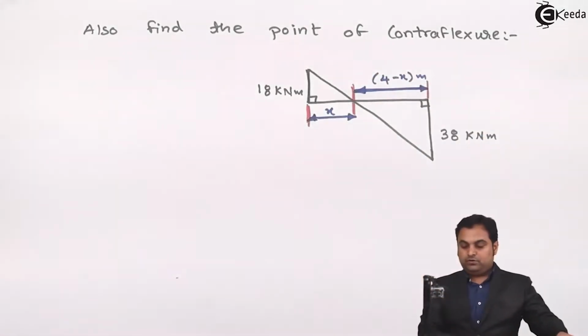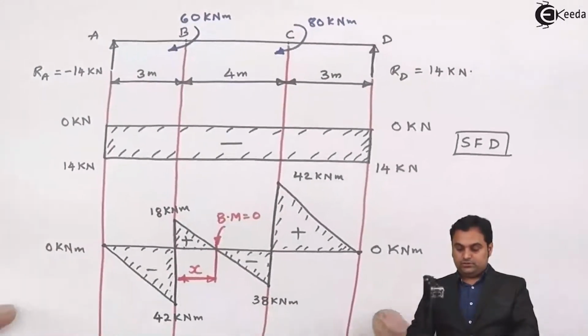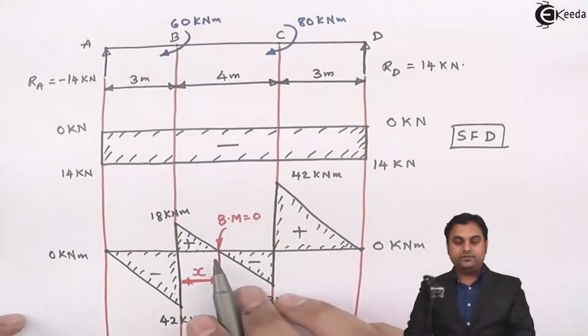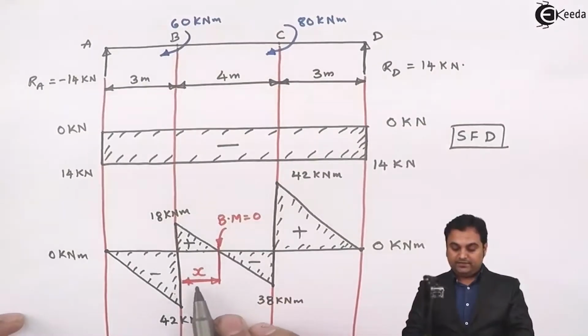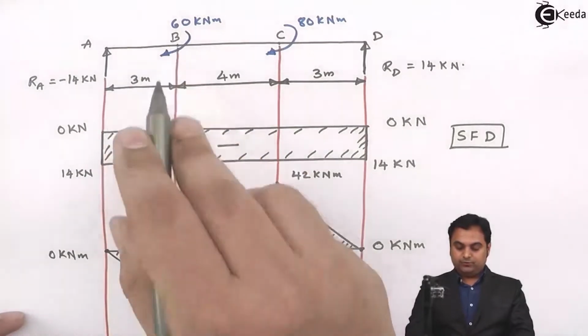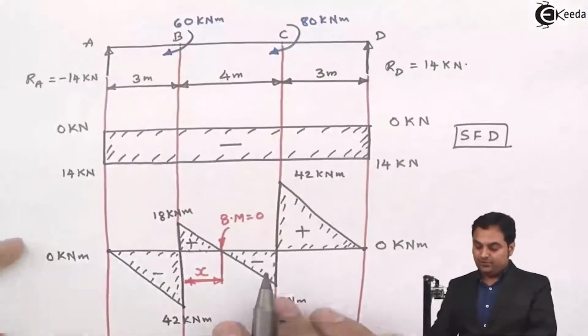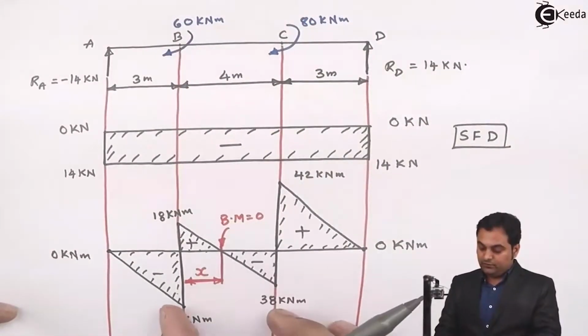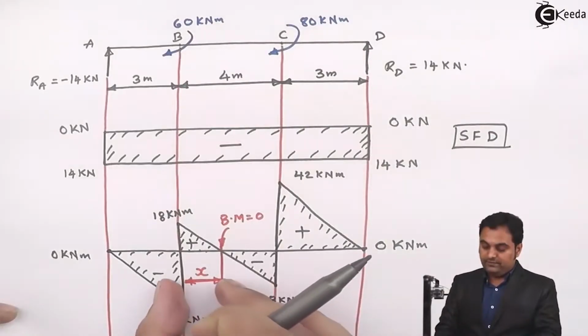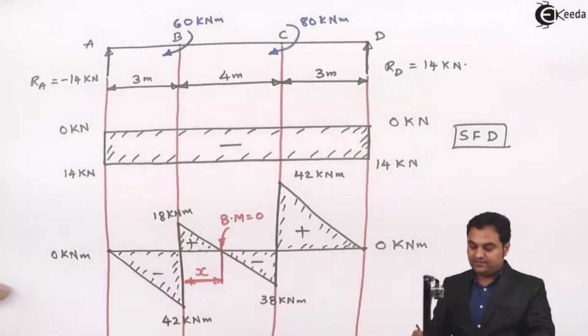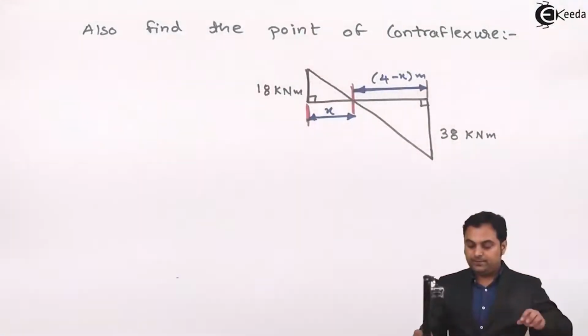Now, to find the point of contraflexure, which is this point, that is here the bending moment is 0, I'll take the distance x, meaning I'll find the point of contraflexure with respect to point B. So the remaining distance will be, total is 4, so from 4 I am subtracting x, that is 4 minus x, which I have shown here.